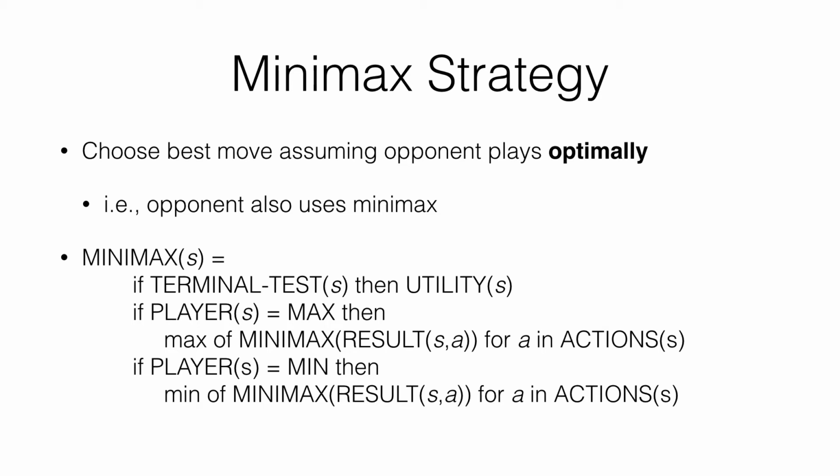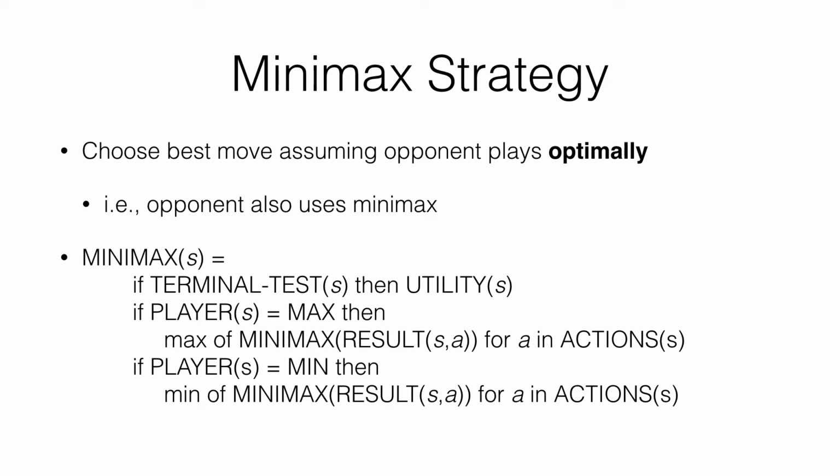Another way of describing this is that we're going to try all of the actions that are available to us as the max player, and we're going to return the minimax score, computed recursively, of the resulting state if we were to try that action. Similarly, if it's the min player's turn, it's going to do the opposite. It's going to return the minimum of the minimax scores of all of its possible resulting states.